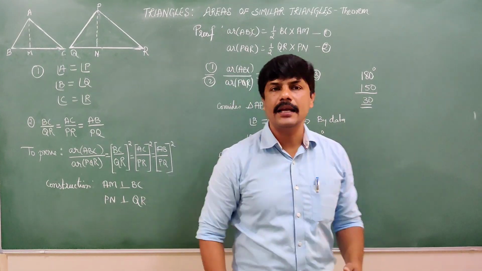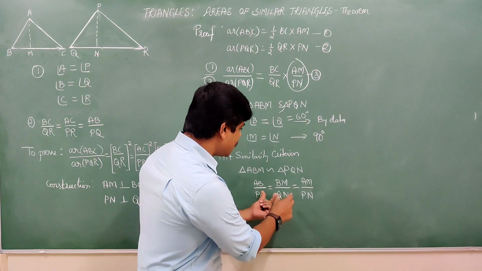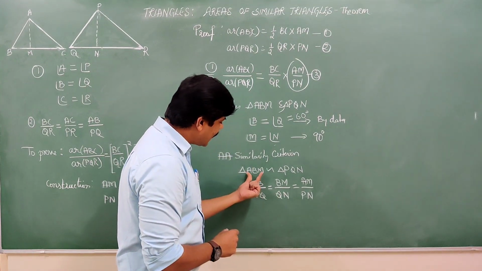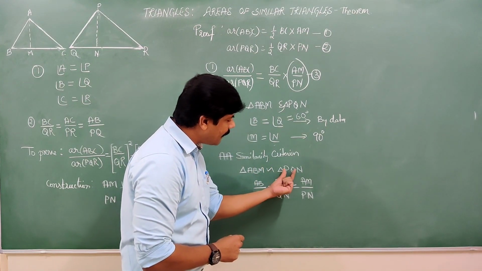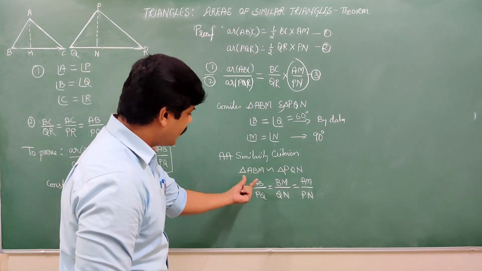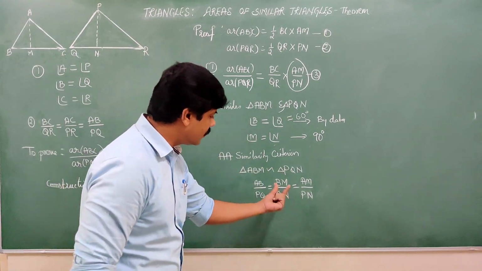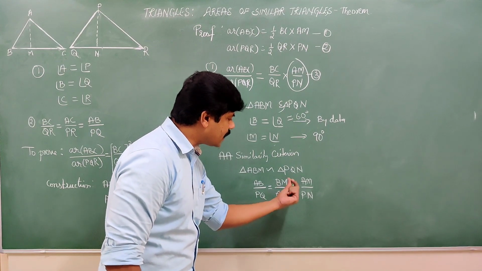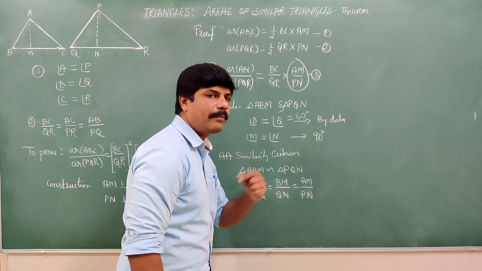These are the corresponding sides. Now, corresponding sides of triangle ABM and triangle PQN are in the same ratio. That's what it means: AB by PQ is equal to BM by QN is equal to AM by PN.